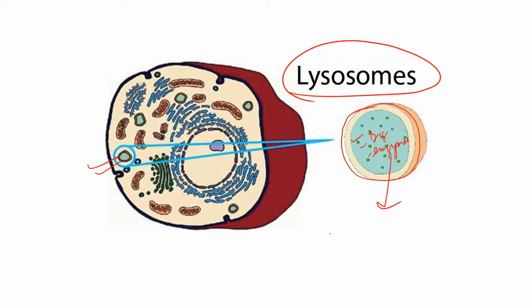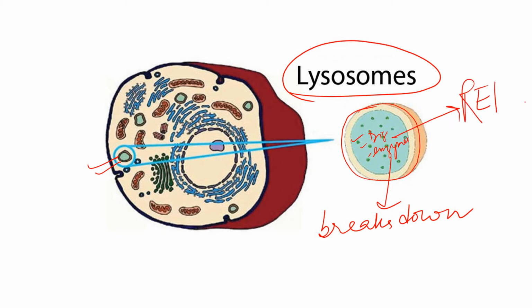This digestive enzyme just breaks down everything inside the cell, and these digestive enzymes are made by the rough endoplasmic reticulum. That means what? Rough endoplasmic reticulum manufactures what? Proteins. So these digestive enzymes are in turn proteins.